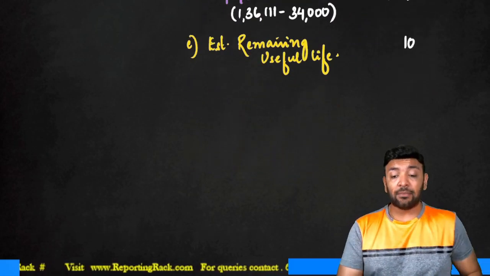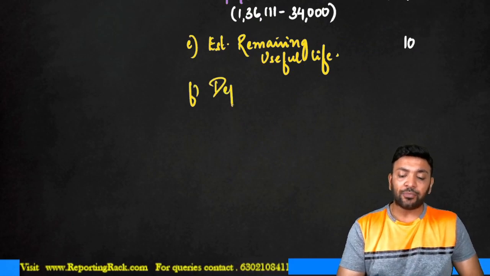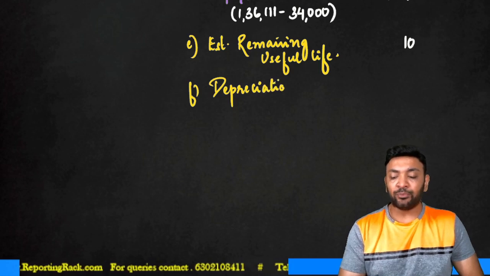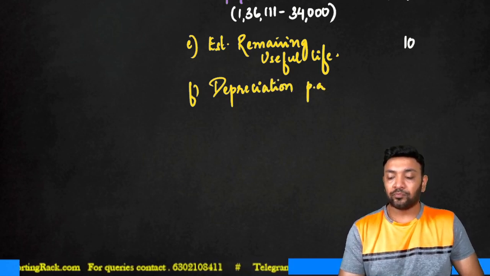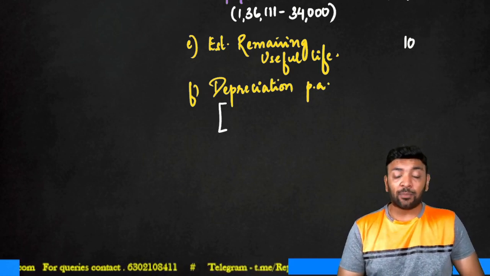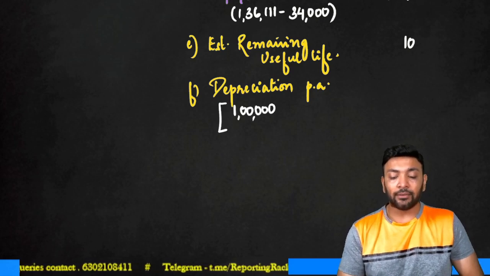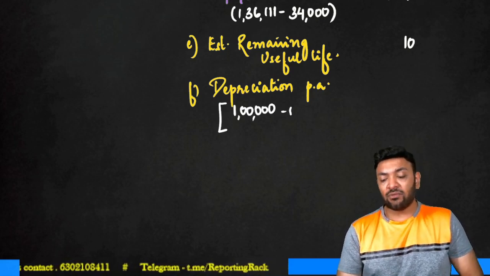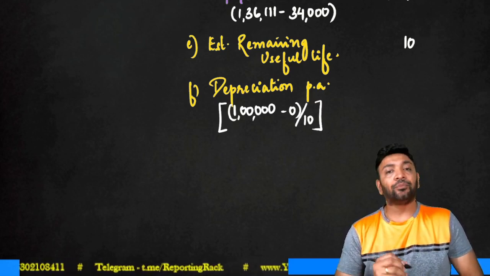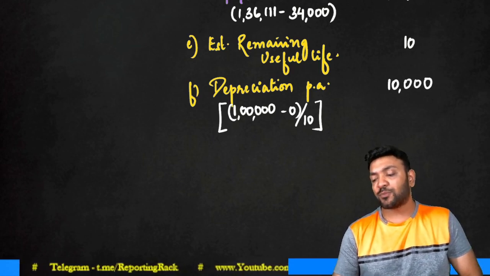Since it is 10, let's calculate the revised depreciation per annum. After impairment, the carrying value of the asset is 1 lakh. Correct? Residual value is 0, estimated useful life is 10. Therefore, the depreciation will be only 10,000 rupees per annum.